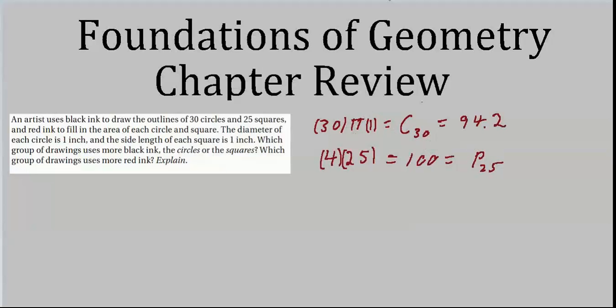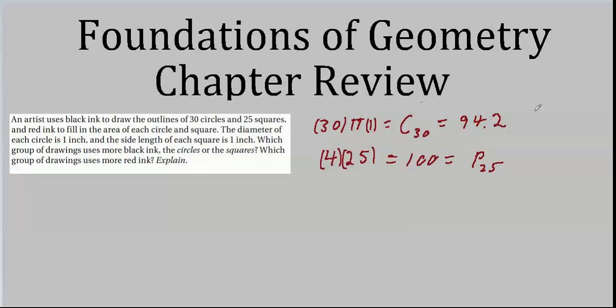So, the total inches in all the circumferences of the 30 circles is 94.2. The total inches of the perimeter of 25 squares is 100.